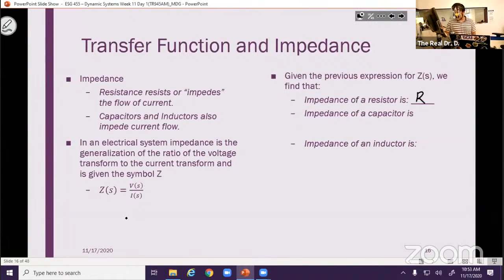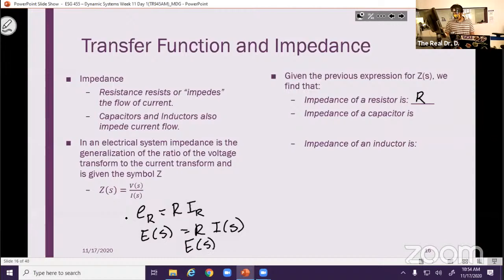Well, again, let's look at this. We know that E_R is equal to R I_R. I want to take the Laplace transform of this. So I'll take the Laplace transform.